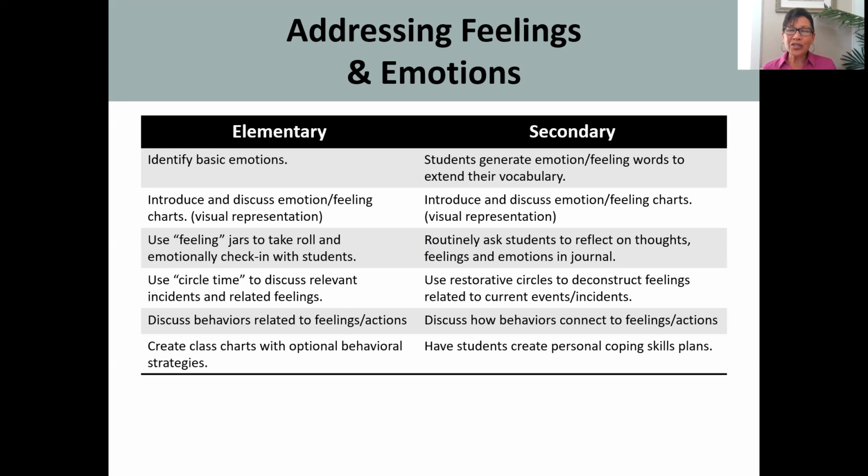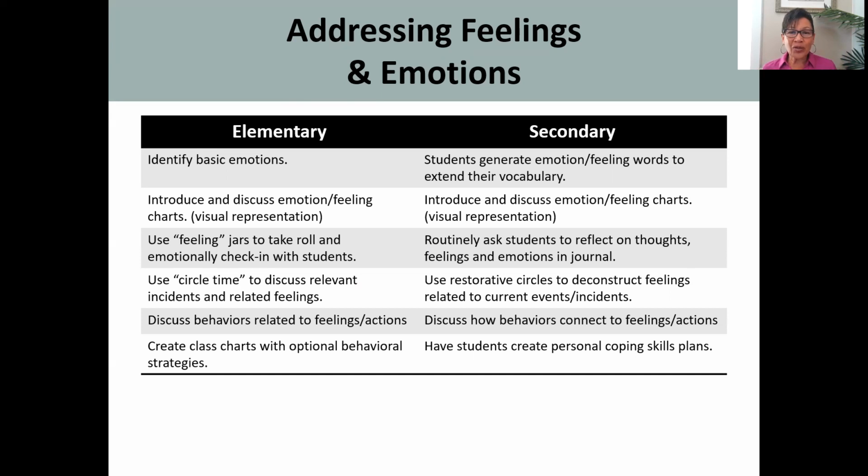But when we start talking about these things out loud, we have to have that safe environment established in our classrooms in order for this to happen in an authentic way. We might use circle time. We definitely want to demonstrate that by sharing our own feelings and by being really metacognitive about that with our students.